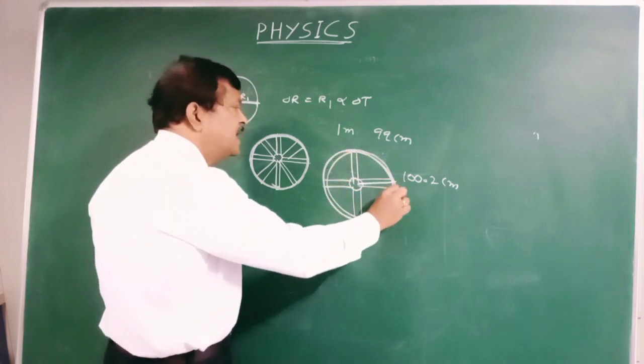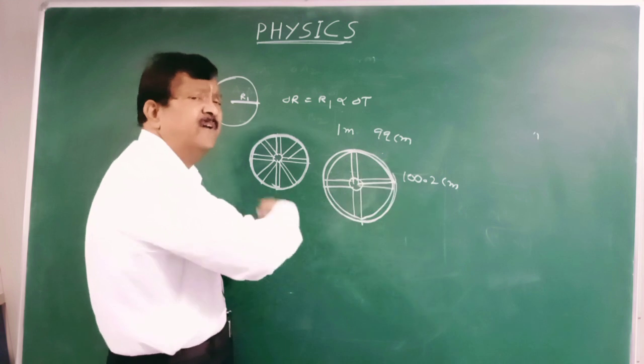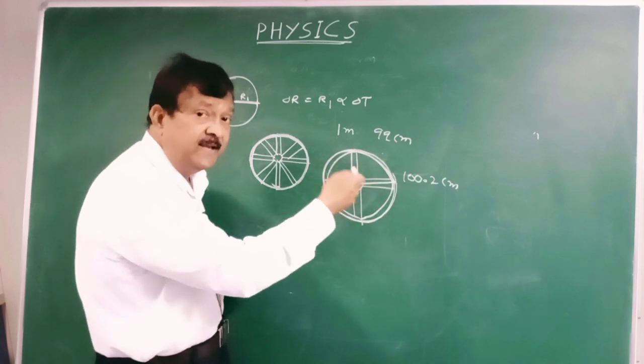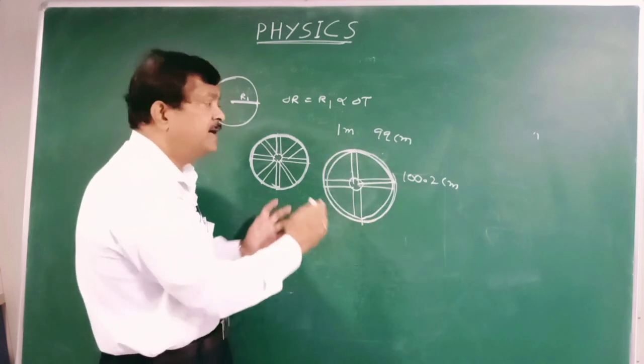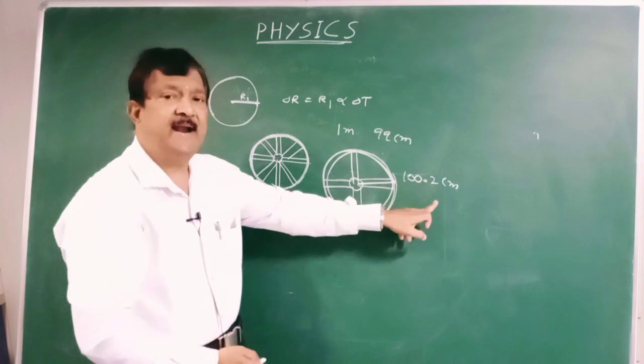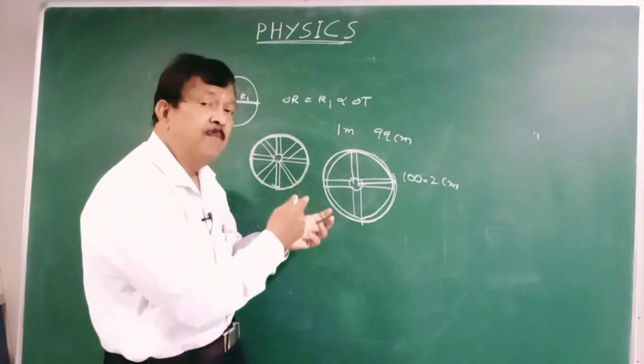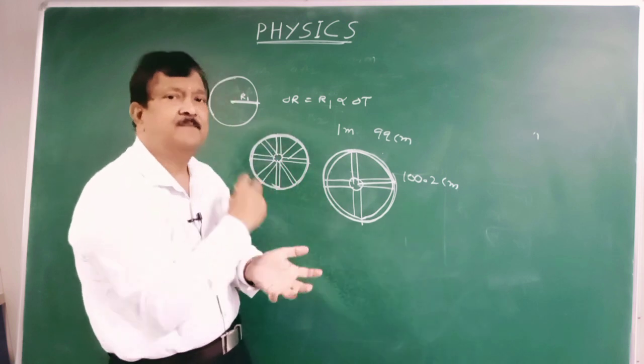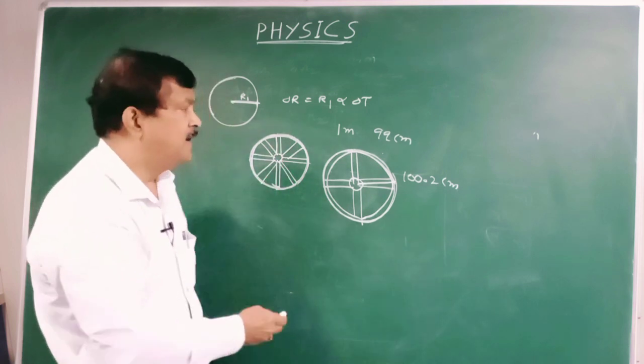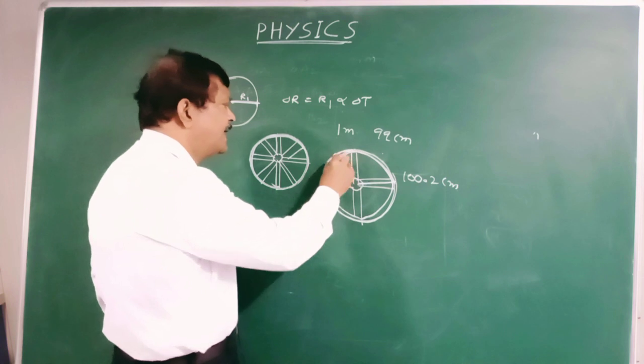Then what happens? Because the iron tire is heated to a very high temperature, some hundreds of degrees centigrade change in temperature, it is expanding to a radius of 100.2 centimeter. As a result, we are able to keep the wooden wheel inside. Now when we are pouring the cold water, what happens?